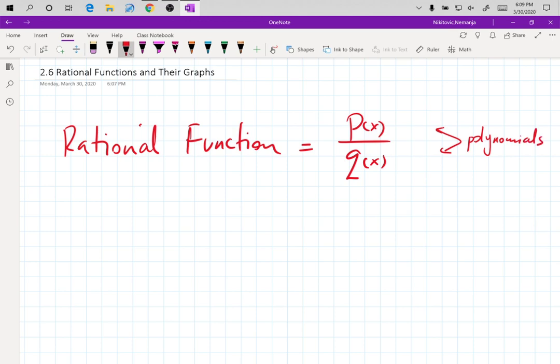And the representative function of this is going to be the function 1 over x. That is probably the simplest rational function we can talk about.